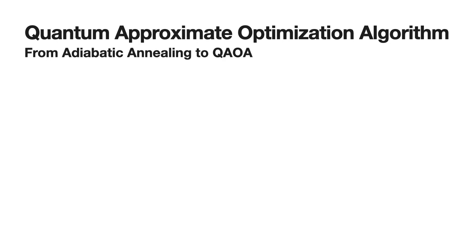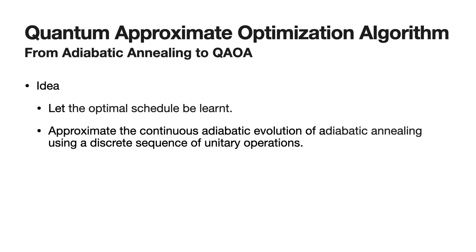And this brings us to the brilliant approach behind the quantum approximate optimization algorithm, or QAOA. The core idea behind QAOA is, instead of trying to implement a perfect analog adiabatic annealing schedule, we approximate this continuous adiabatic evolution using a cleverly designed discrete sequence of quantum operations, or gates.